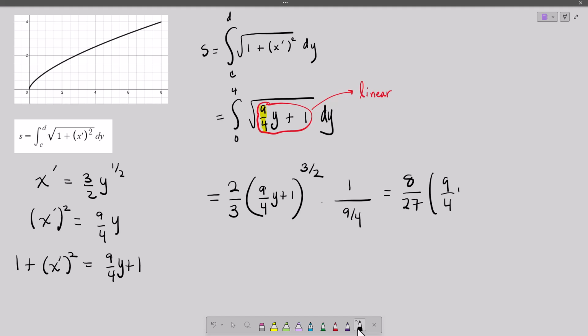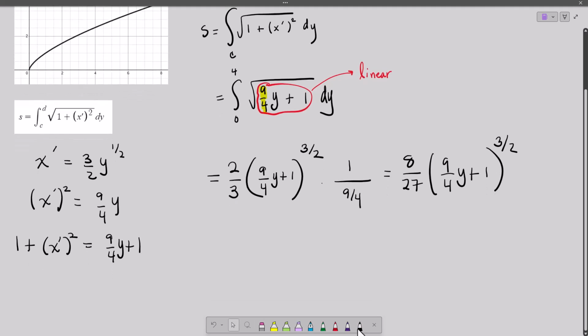multiplied by that. So that will be our, let's see, I forgot my limits of integration, 0 to 4. So there should be a 0 to 4 and 0 to 4. So now we just have to evaluate that.